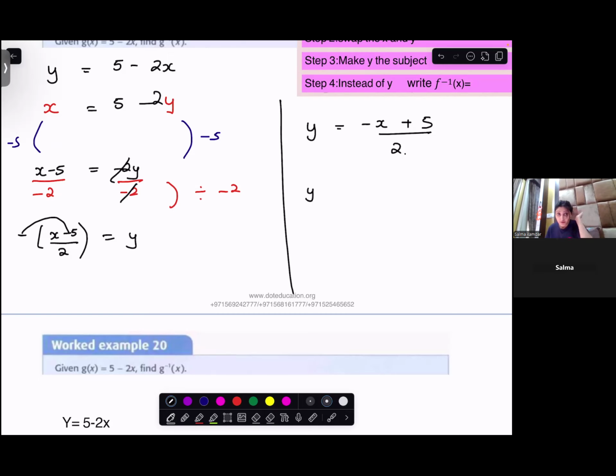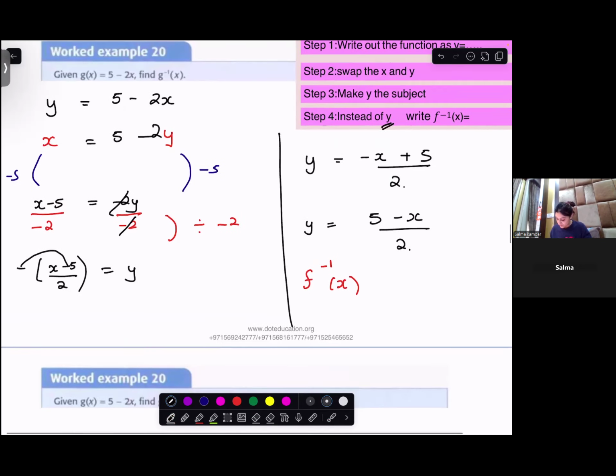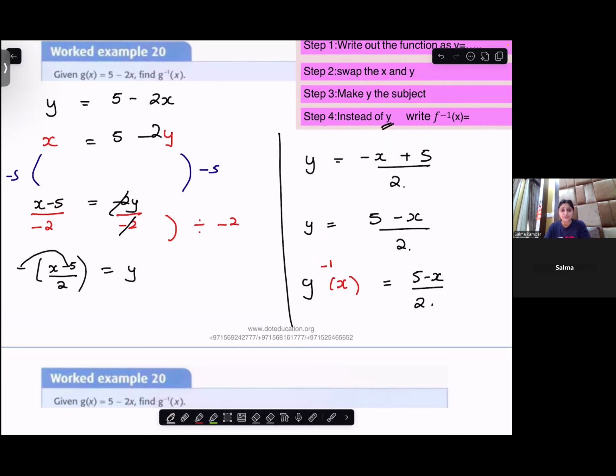So now y is equal to, I'll just rewrite this equation, 5 minus x divided by 2, and instead of y, I'm going to write f minus 1 of x. F minus 1 of x, but here my function was g. So instead of x, I'm going to write g. It is going to be 5 minus x divided by 2.